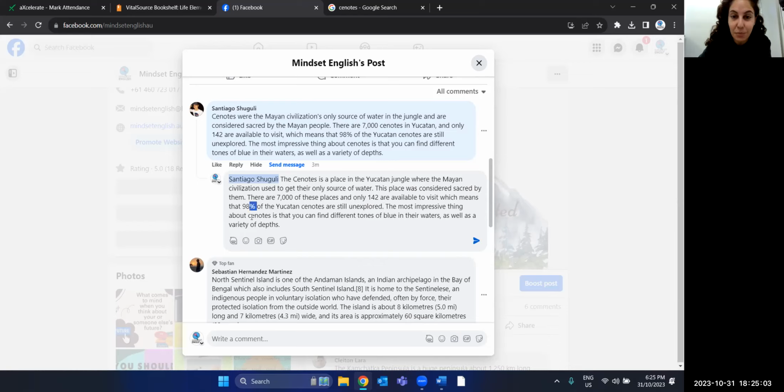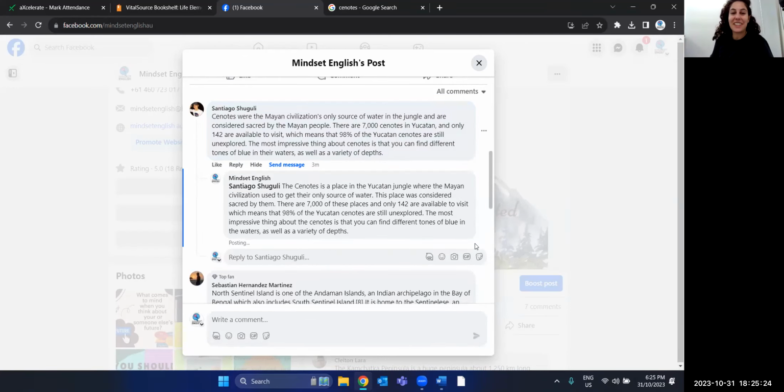Beautiful, 98%. Wow, that's amazing. The most impressive thing about the cenotes is that you can find different tones of blue in the waters, as well as a variety of depth. That's beautiful. Add an image so we can see.